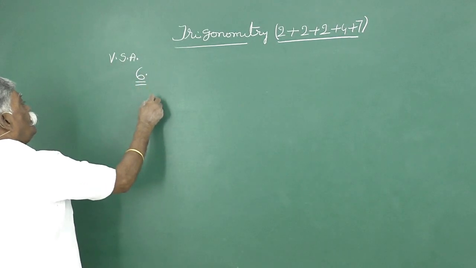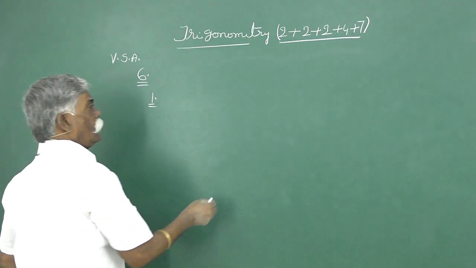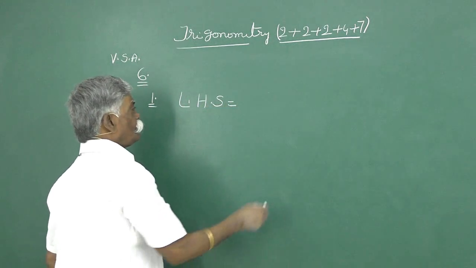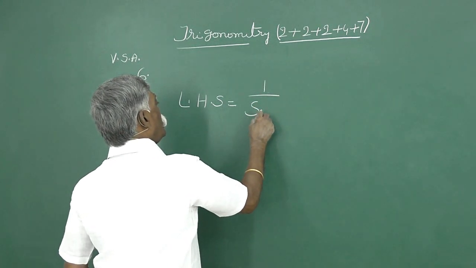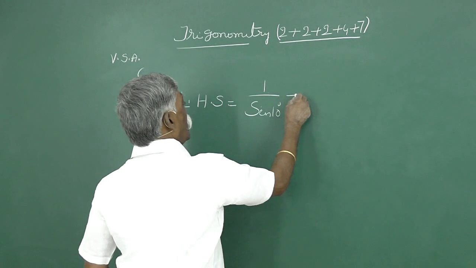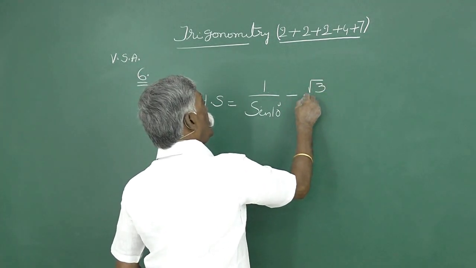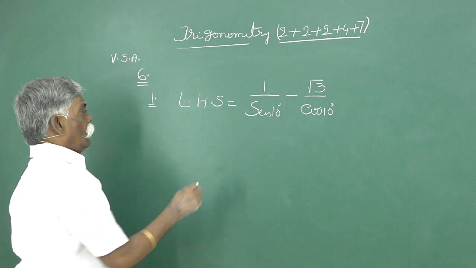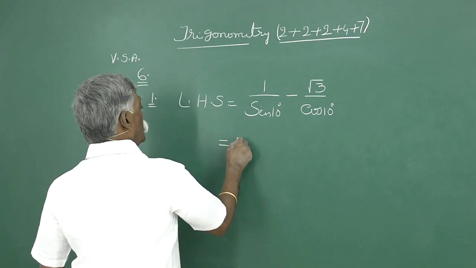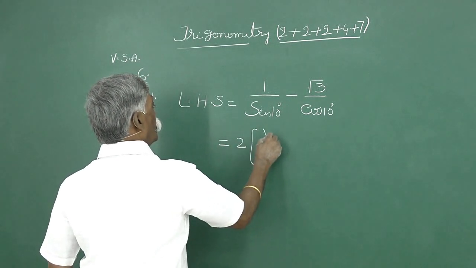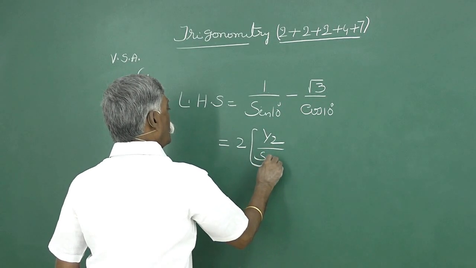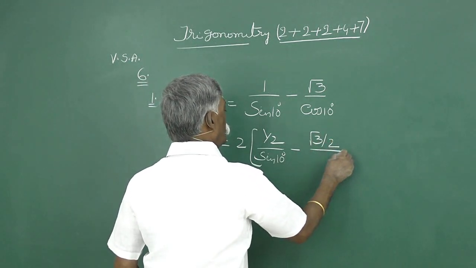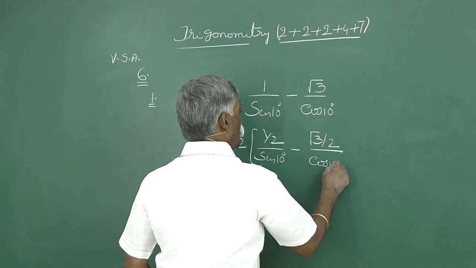Sixth problem, first bit. LHS equals 1 by sine 10 degrees minus root 3 by cos 10 degrees. Two into 1 by 2 by sine 10 minus root 3 by 2 by cos 10 degrees.